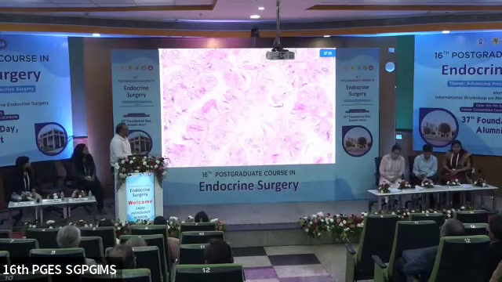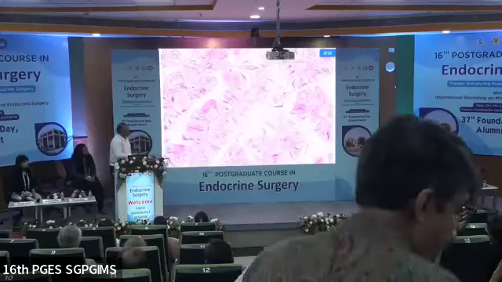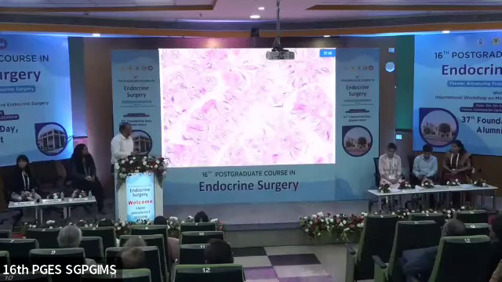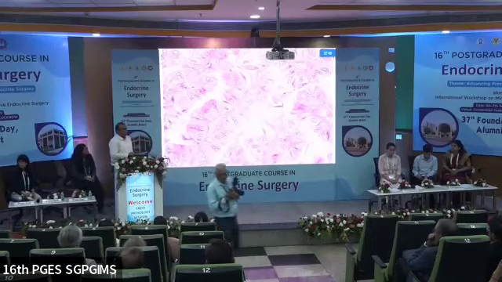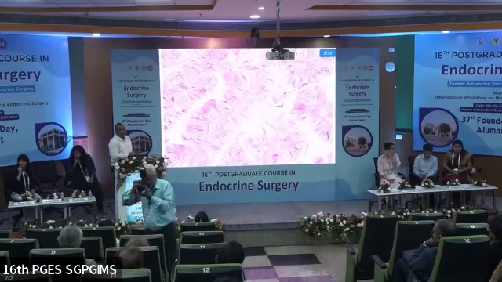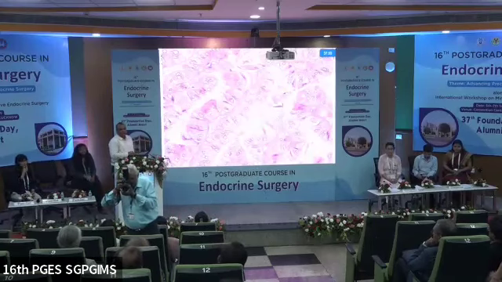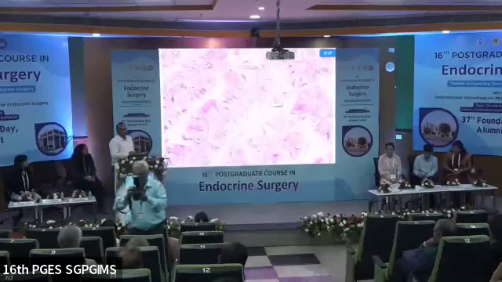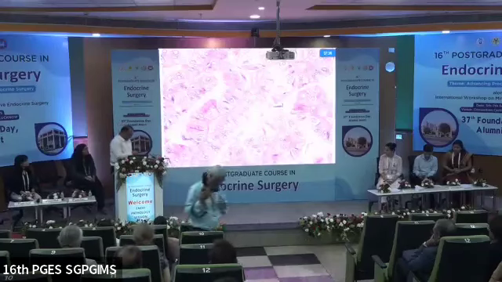Hence, the diagnosis of tall cell variant was given in this case because more than 30% of tumor cells are tall cells, having a columnar appearance along with an abundant amount of eosinophilic cytoplasm.